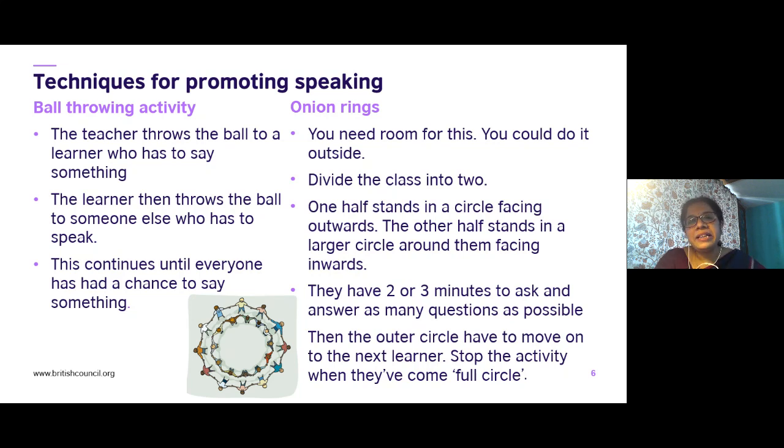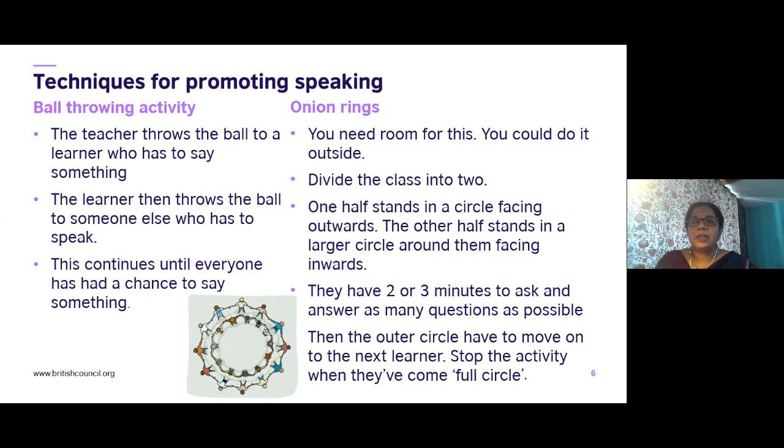This is a technique that you can use for, say, practicing functional language. I'm sure some of this would have been focused on in our session on communication, where we use language to achieve something. So for example, you can give students a situation about asking for advice and giving advice.